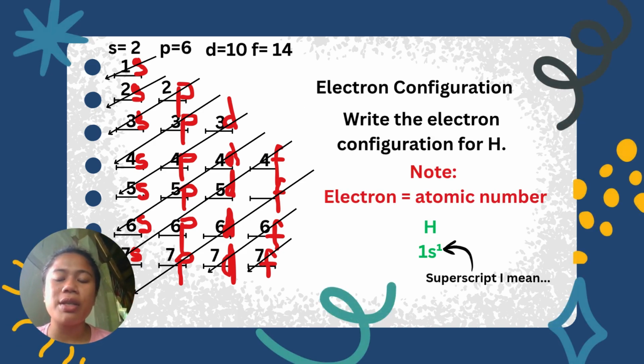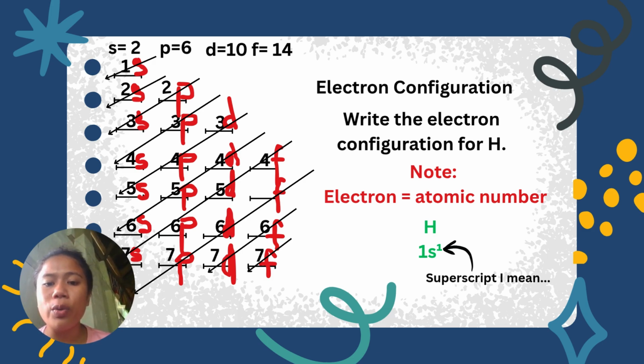So now let's have an example. Let's write the electron configuration for hydrogen. Ma'am, how will we determine the electron configuration for hydrogen or for an element? It is very easy. Just check the atomic number of the element. For example, for hydrogen, the atomic number is 1 since it is the first element in the periodic table.